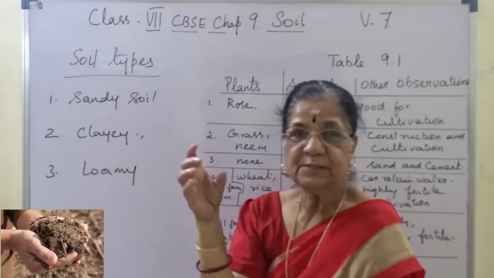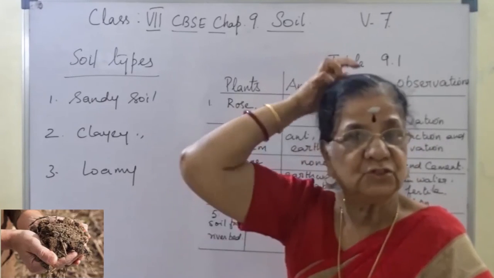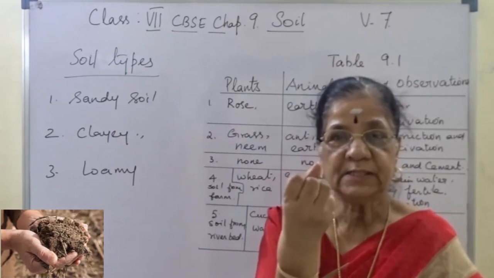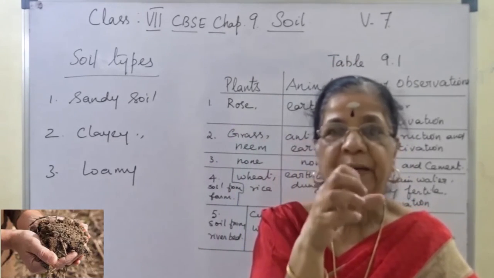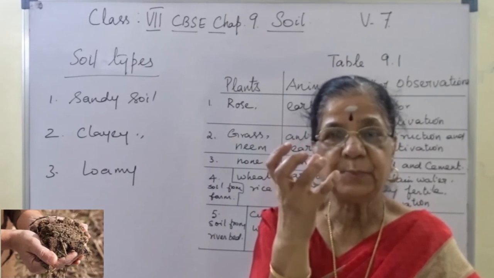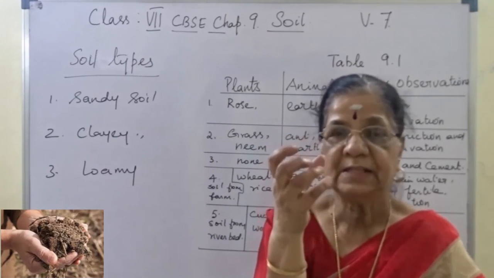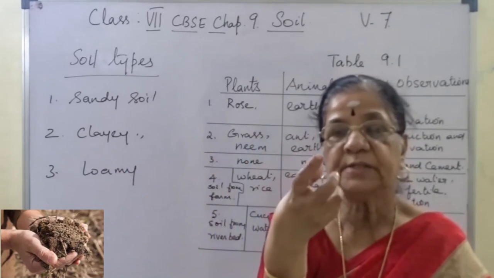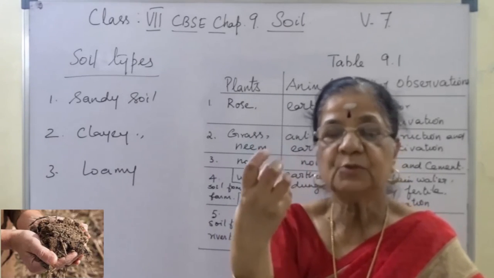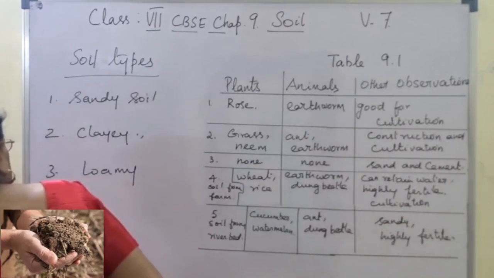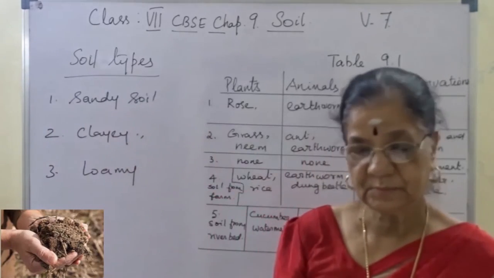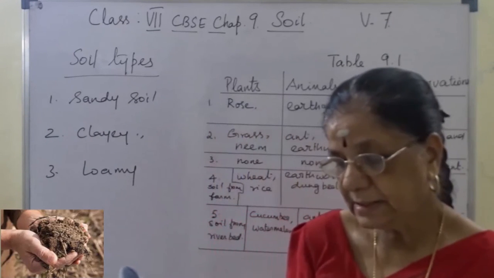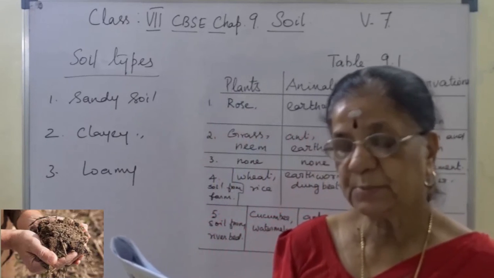Whereas in sandy soil, the water drains down very fast. Whereas in clayey soil the water goes down very slowly, because the particles are tightly packed, whereas sandy particles are loosely packed. Loamy soil is moderate, so the water drains moderately. You can see how it drains. So the size of the particles in the soil has a very important influence on its properties.